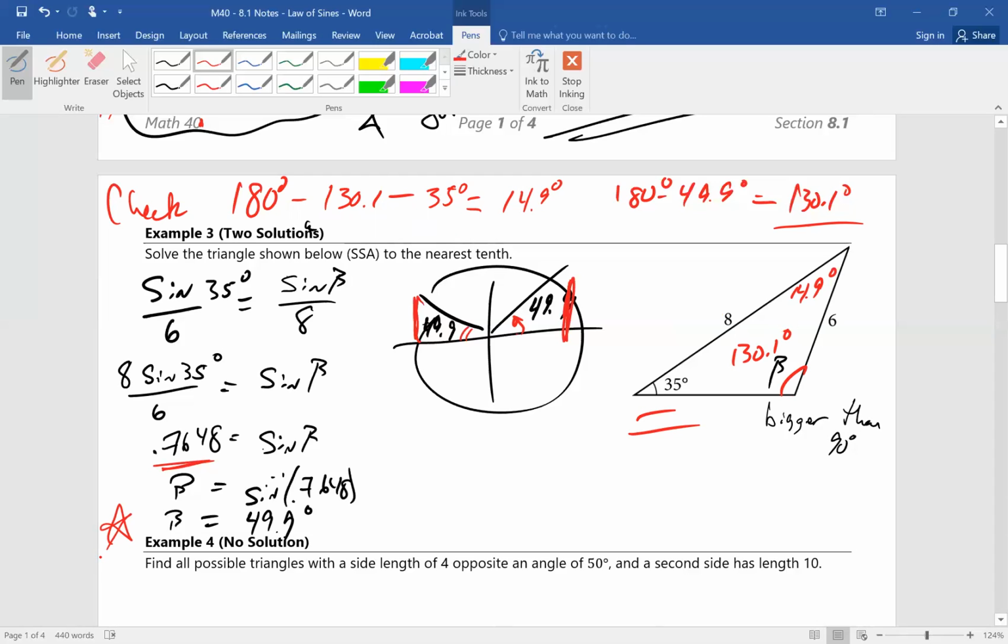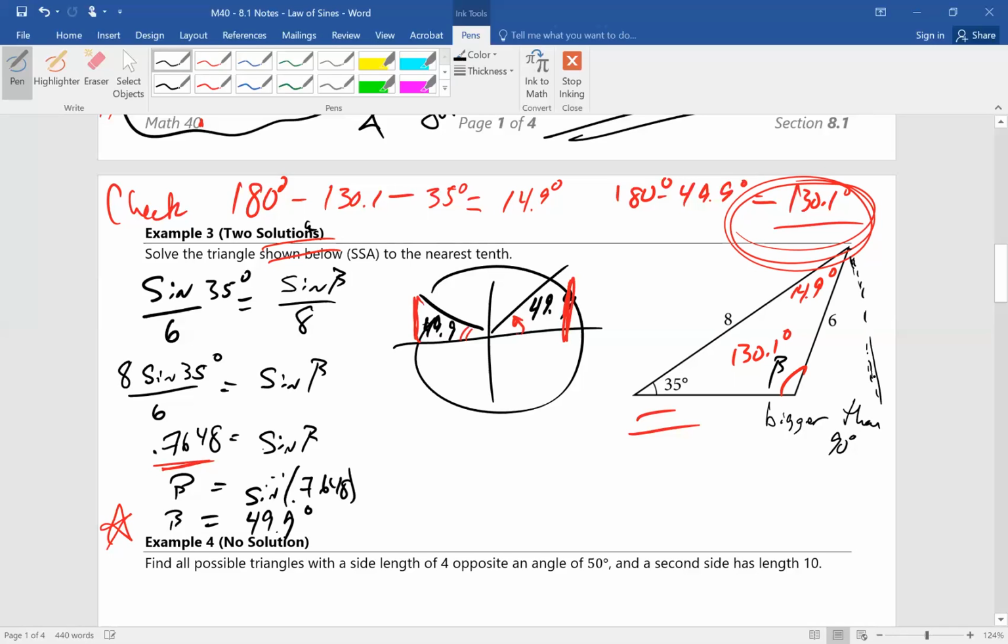Here's the thing. When you have two solutions, one solution is that one angle is this 130.1 degrees. But there's also this other possibility, and I have to apologize for my crude drawing here.